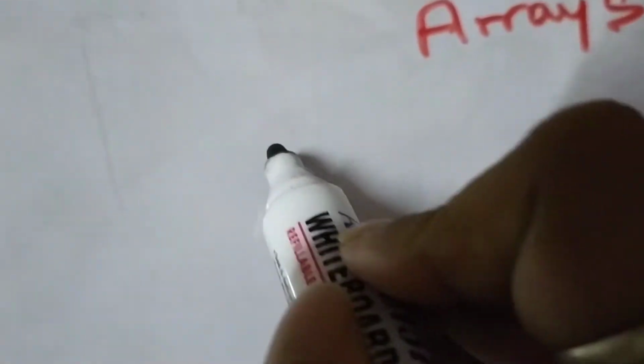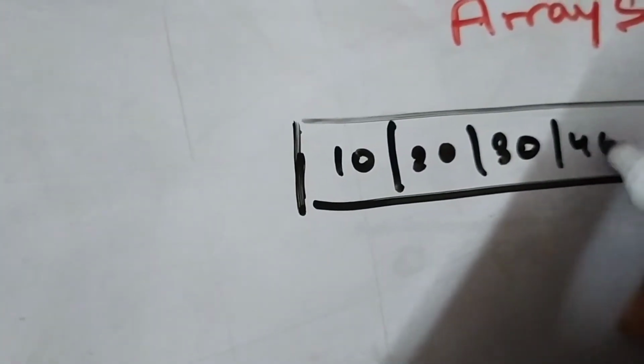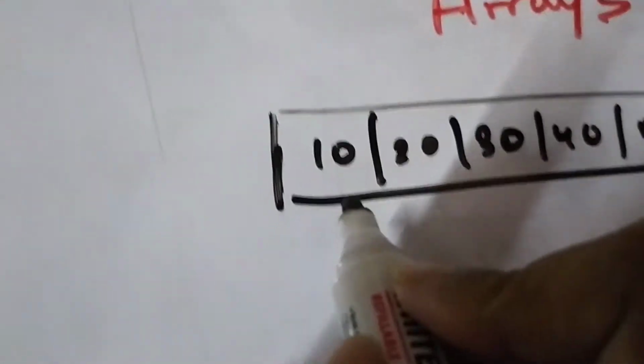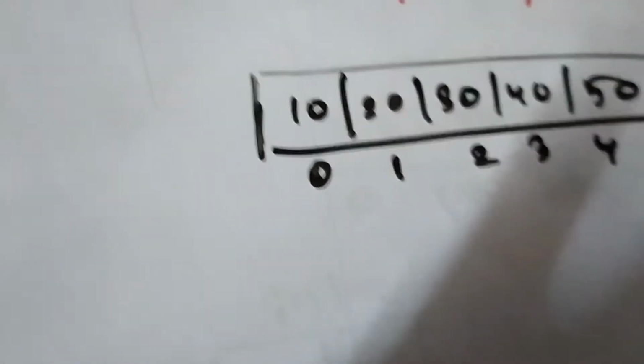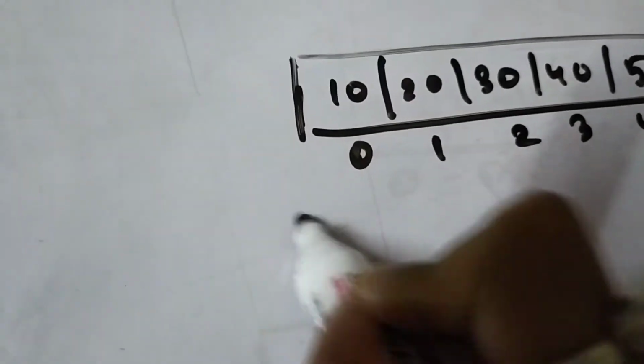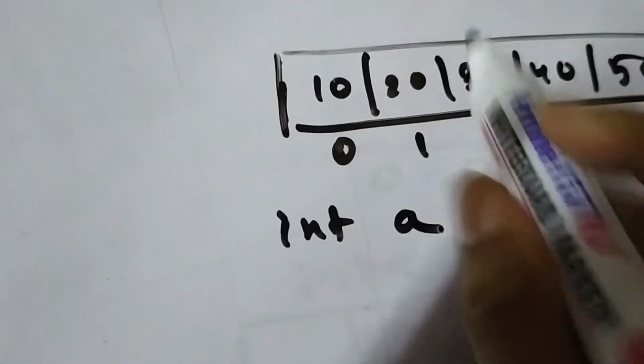Now suppose this is an array and these are the index numbers. I am taking an integer to describe this array.